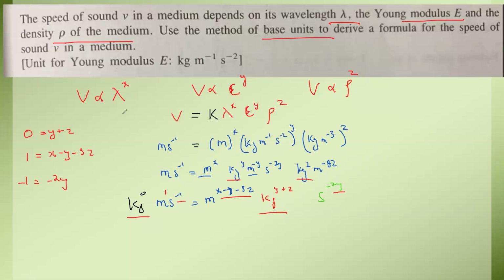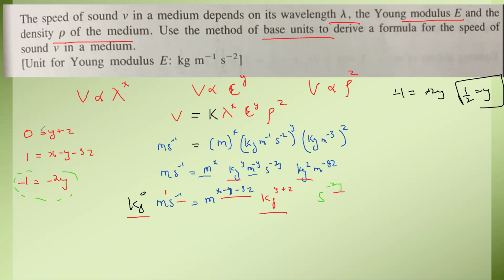So we have 3 equations. If I take this equation first, I can directly get the value for y. If -1 is equal to -2y, negative will cancel with negative. So 1 by 2 is equal to y. So I got the value of half.